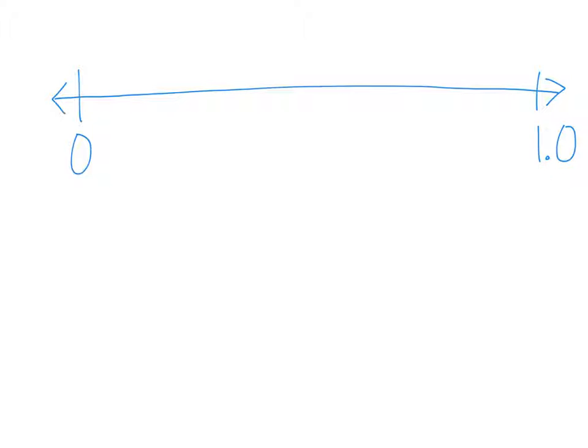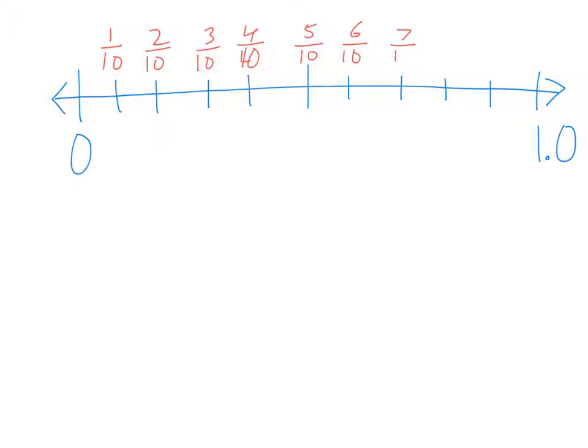This is 1 whole, 1 decimal point 0, that's 1 whole. I can break this number line up into 10 equal parts. And I can label these with fractions. I can say this is 1/10, 2/10, 3/10, 4/10, 5/10, 6/10, 7/10, 8/10, 9/10, and then all the way up to my 1 whole, which would be 10/10.